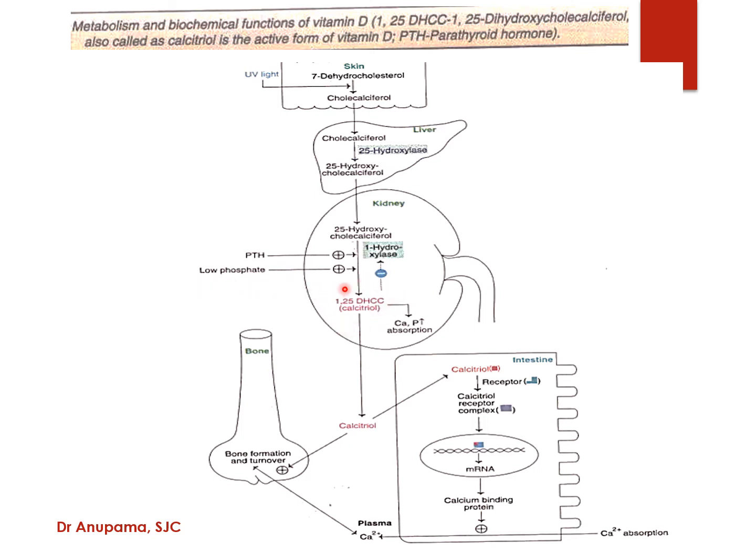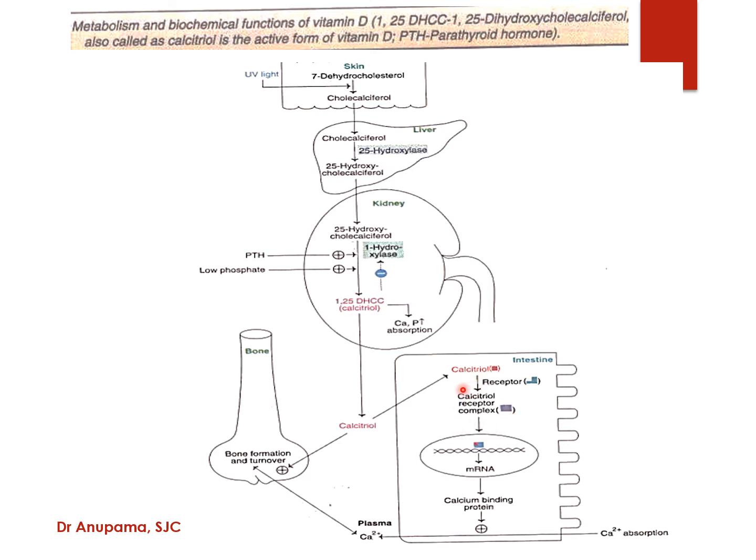So once this calcitriol is produced, it increases the absorption of calcium and phosphate. And this contributes to bone formation and turnover in the bone. Here the calcitriol binds to the receptors of the intestinal cells.